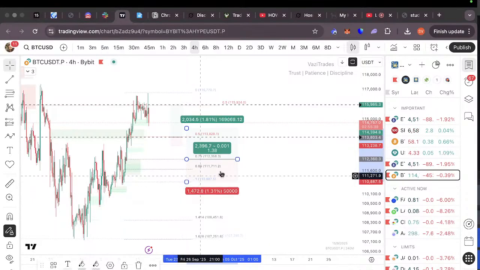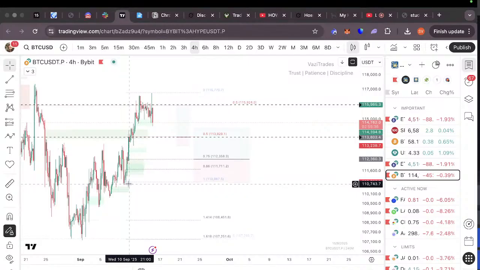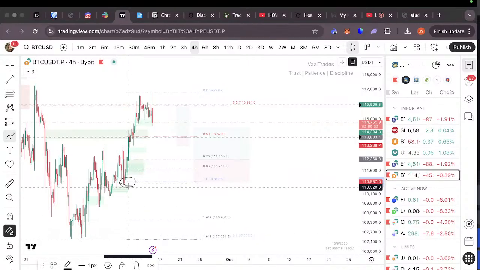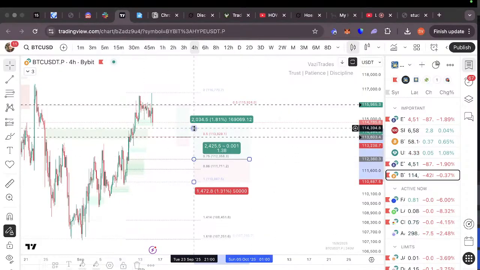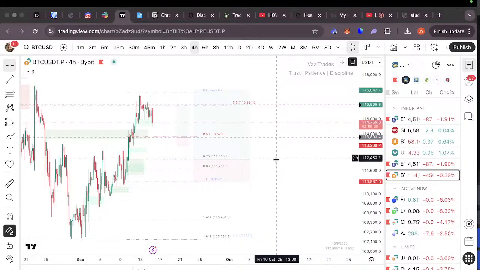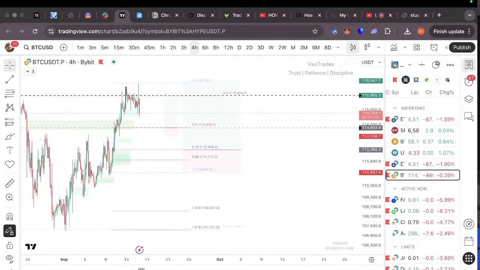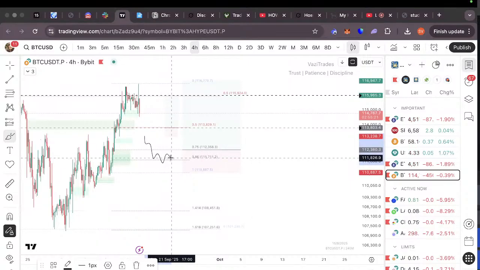But here I would put stop loss just right below this wick, this zone, okay? Because in case the price, coming to the 0.75 level, 0.86, shows some bounce, but then again returns back below 0.75.